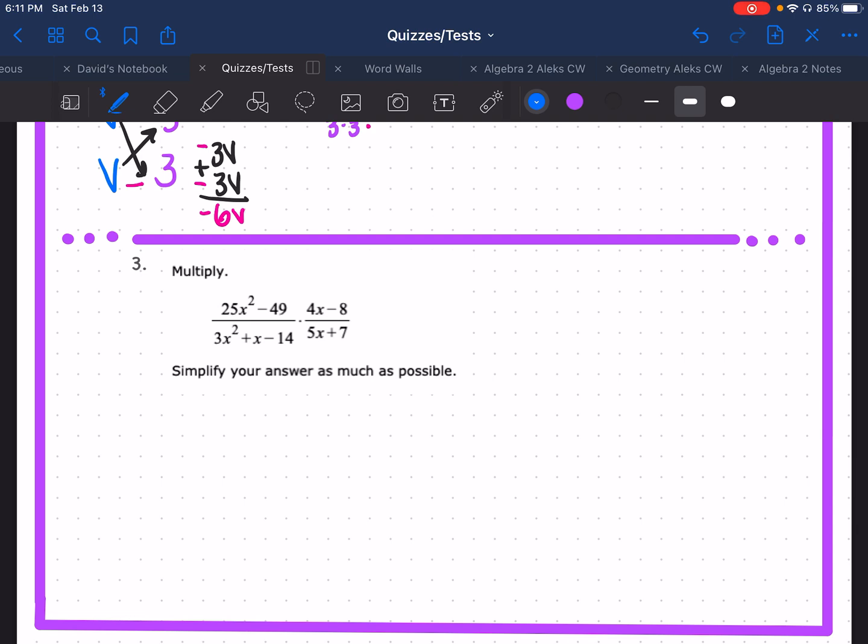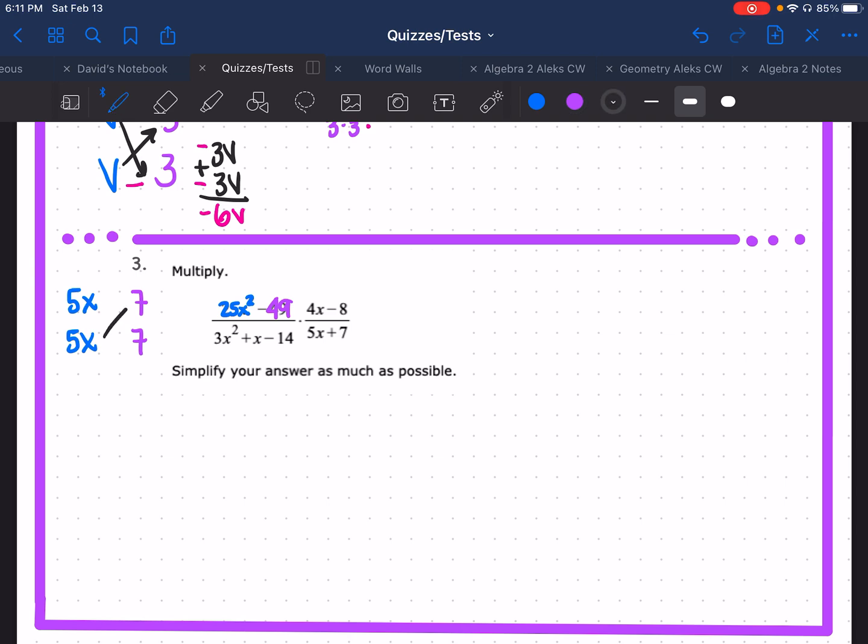Okay, so 25x squared, 25x squared. Well, 25 is a perfect square, just like x squared is. I'm trying to figure out where I have some room. I think I could squeeze it right here. 5x and 5x. And 49 is a perfect square. It is 7 times 7.